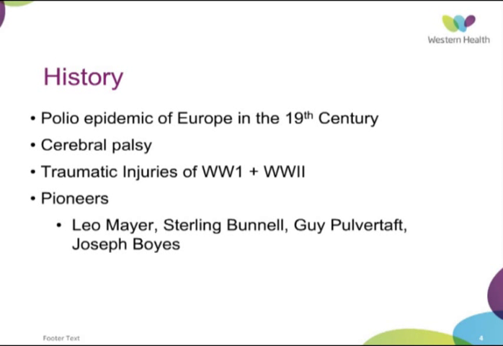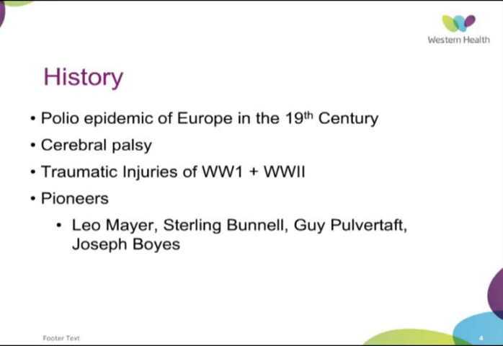This procedure really came about in the 19th century with the polio epidemic of Europe and with cerebral palsy, mainly with lower limb type transfers initially. However, the world wars created obviously a lot of traumatic injuries, and this is where all the current techniques were pioneered. These surgeons were all very important in the beginning as far as tendon transfers.